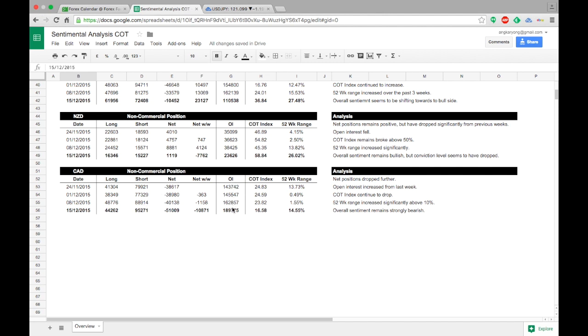And if you look at open interest, it has increased. So when you have these two relationships, open interest has increased but the net position has continued to fall, you know that traders are entering or even building up their short positions, meaning the short positions in the Canadian futures market have been increasing.